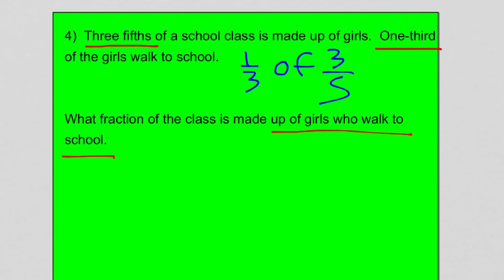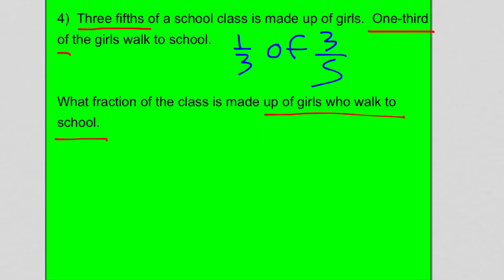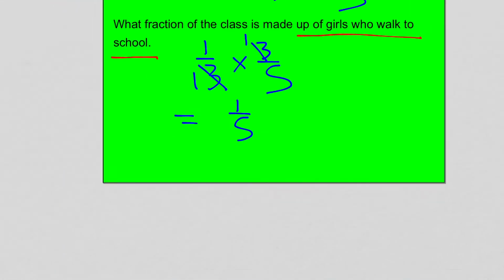Picking up that key word there, that 1/3 of 3/5 tells us this is overlap, and overlap is fraction multiplication. 1/3 times 3/5. With multiplication, we can simplify our diagonals, and we get an answer of 1 times 1 and 1 times 5 is 1/5.